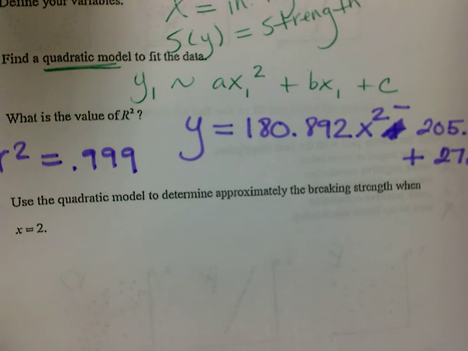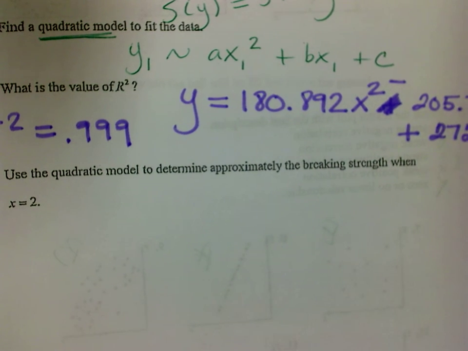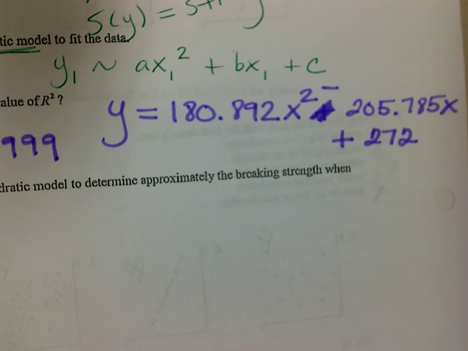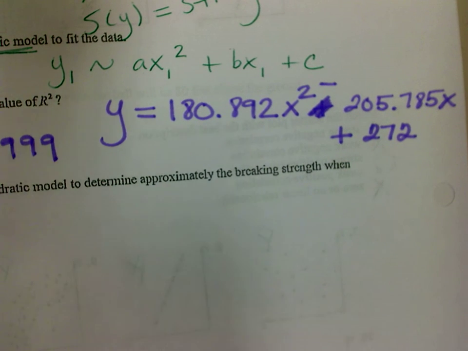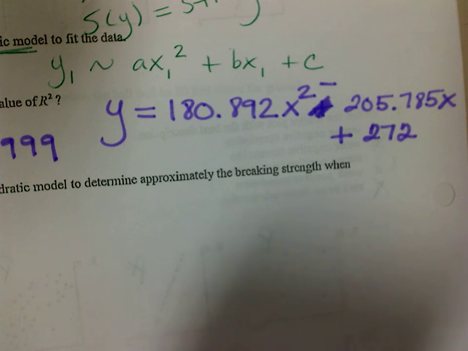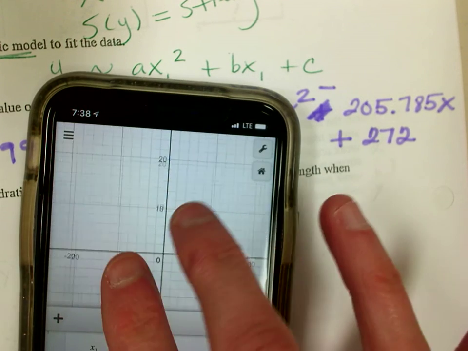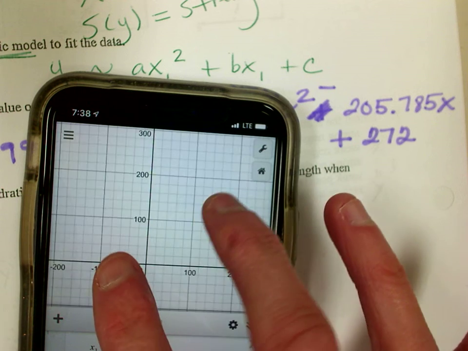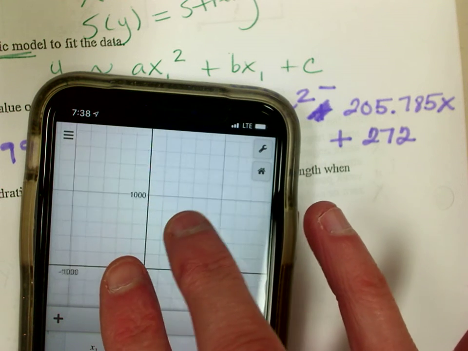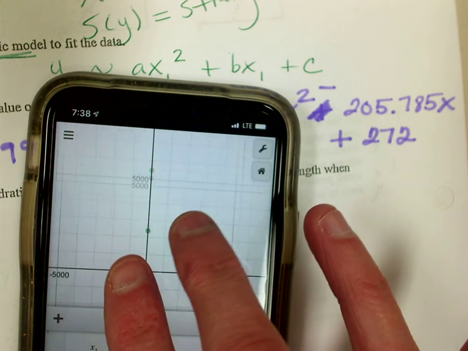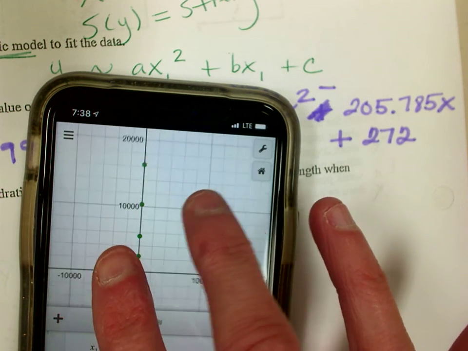Okay, I can go back to my Desmos now. The only thing I couldn't show you is how to get all that stuff. If I zoom in, there's my scatter plot.